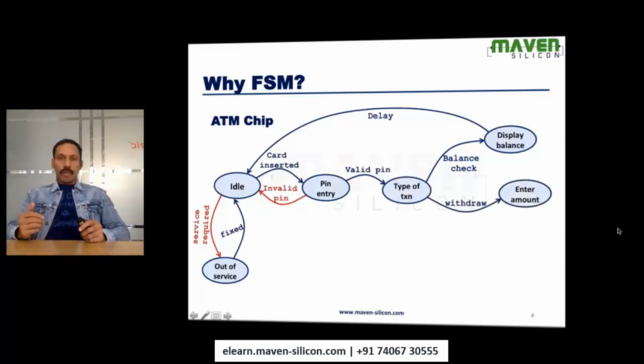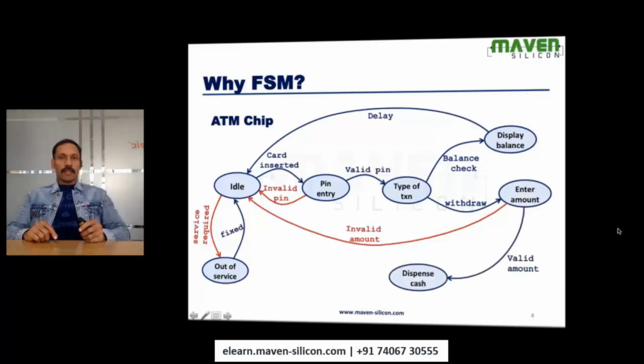Now you want to withdraw your money. You enter the amount, but you made a mistake. Invalid amount, so it displays invalid amount and automatically it goes back to idle state. In case you entered a valid amount, then it gives you the cash and then automatically it goes back to idle state.